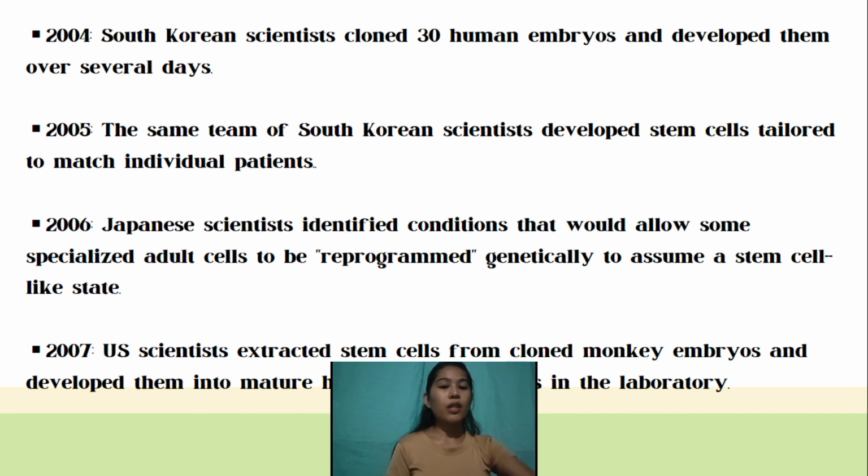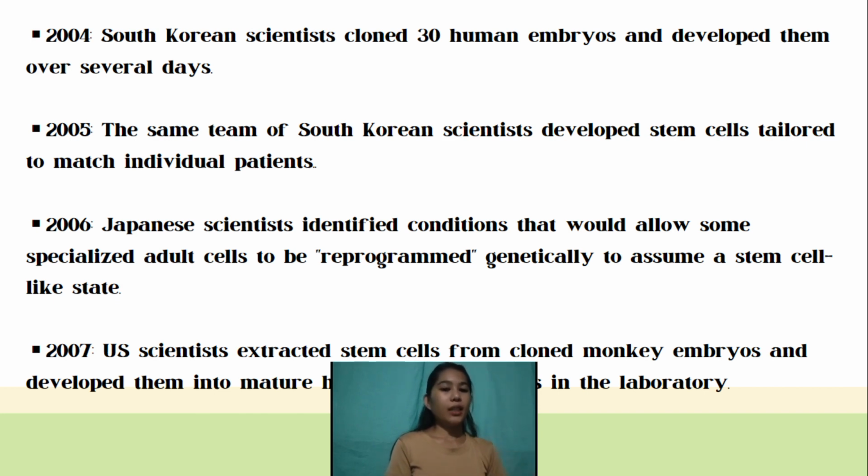In 2006, scientists in Japan identified conditions that would allow some specialized adult cells to be reprogrammed genetically to assume a stem cell-like state.